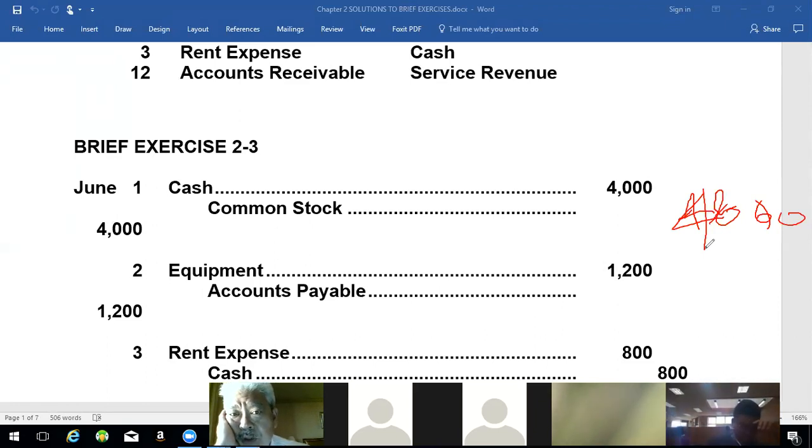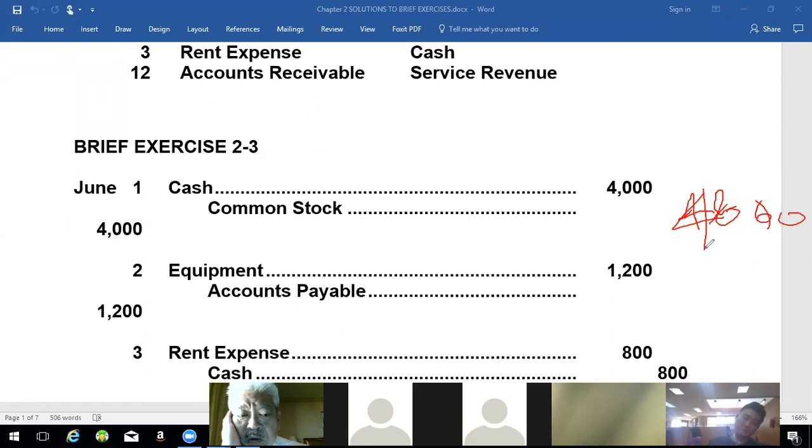So you will lose significant points on a test in the event that you do not put the debit first, as you see there with cash, indent the amount, and then put the credit second, flushed towards the margin with the corresponding amount, as you see there, right. So debit also equal credit, so the 4,000 and the 4,000 will be equal.